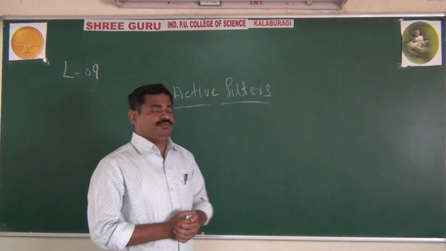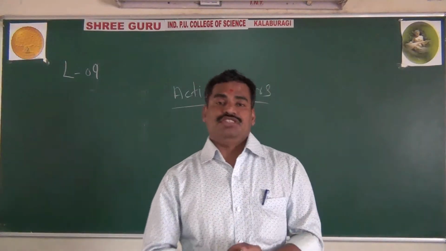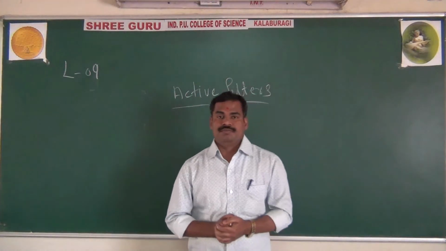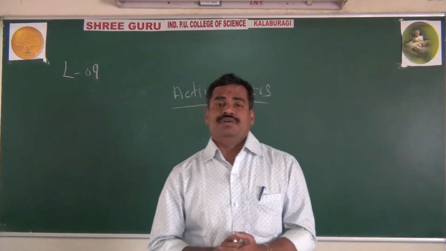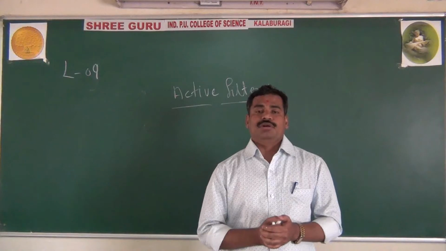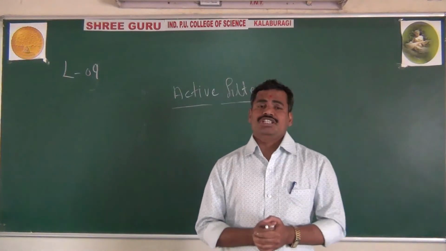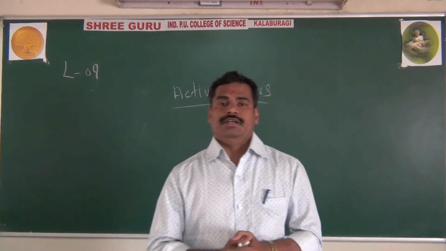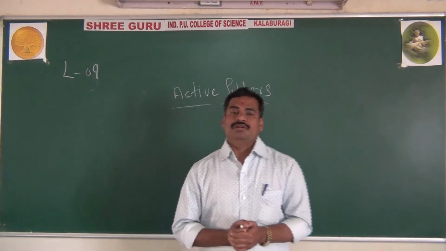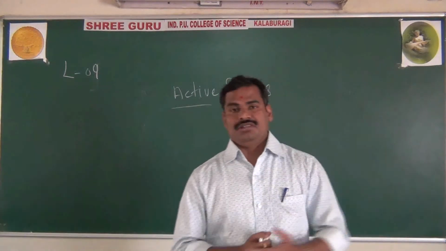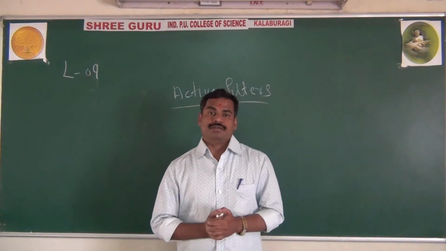Look here, you already studied filters at the basic level in the first year: what is a filter and what are the types of filter. Today we'll go once again into detail about filters. In general, a filter is a device that filters things, like the water filter.